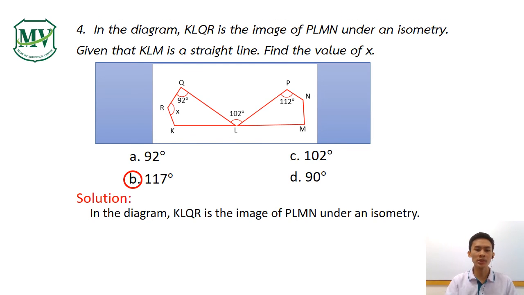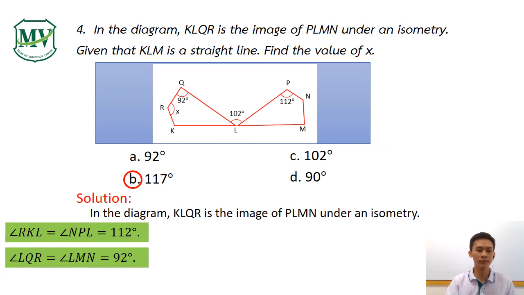So in the diagram, KLQR is the image of PLMN under an isometry. Angle RKL is equal to angle NPL, which is equal to 112 degrees.